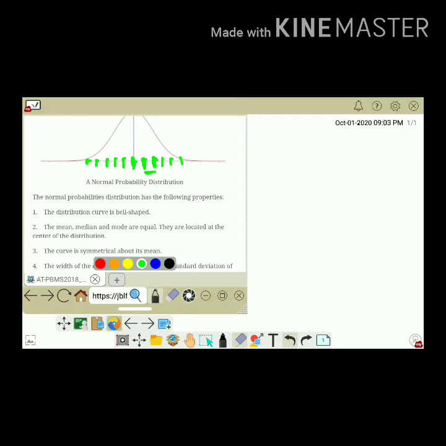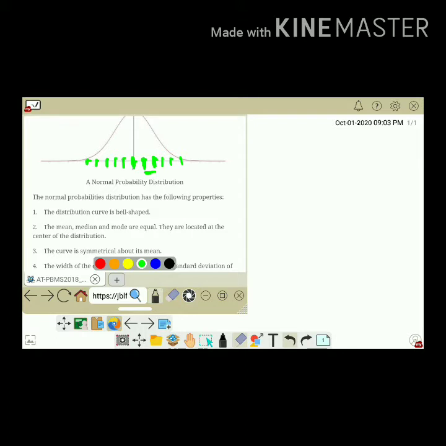Remember, if your standard deviation becomes smaller and smaller, your normal curve becomes thinner and thinner because the data will shrink or go near each other.